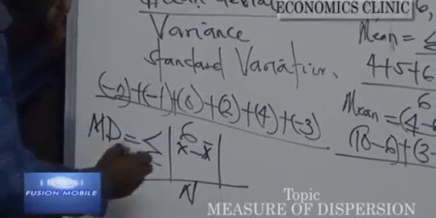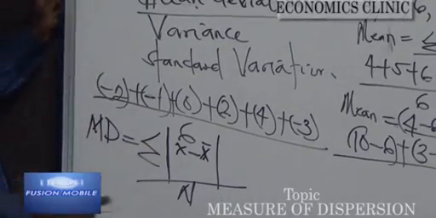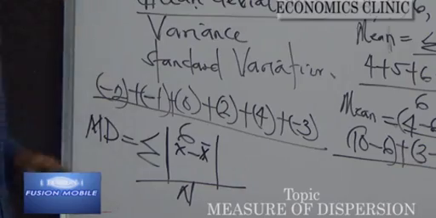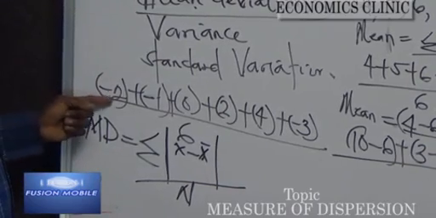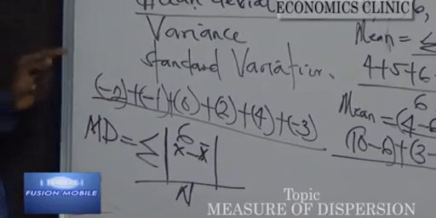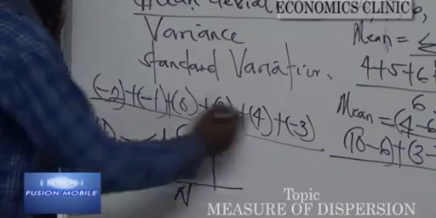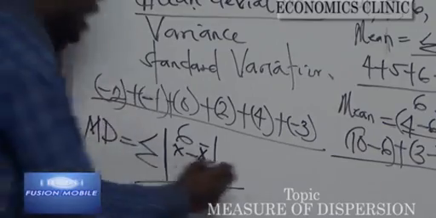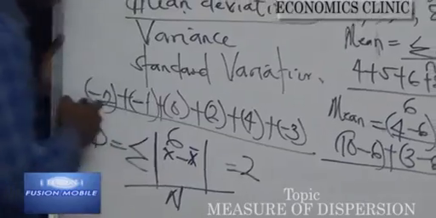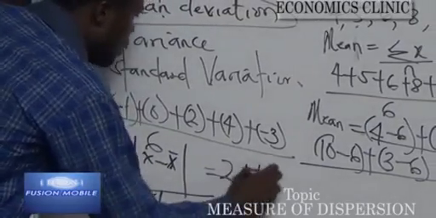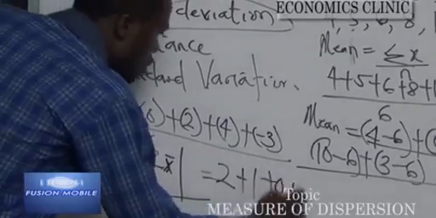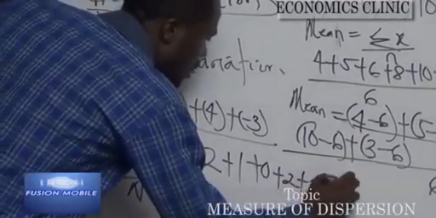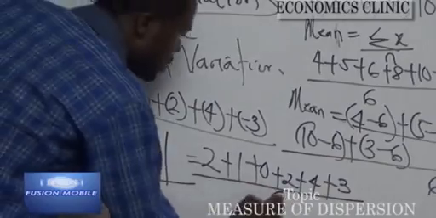So here we have modulus. Modulus here means that any value with a minus will turn to plus. So from this question, any value with a minus will have the minus removed and we put plus. So we have 2 instead of minus 2, plus 1 plus 0 plus 2 plus 4 plus 3, divided by 6.